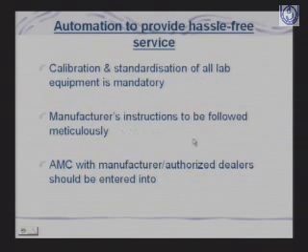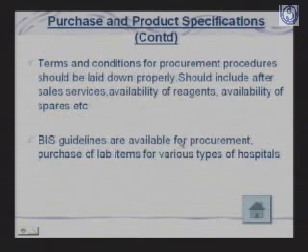Manufacturer's instructions are to be followed meticulously, and annual maintenance with the manufacturers and authorized dealers should be entered into. And I am thankful to Professor A.K. Agarwal, because in the morning he covered all these things in a very detailed and comprehensive manner. So all those principles are to be remembered and applied.